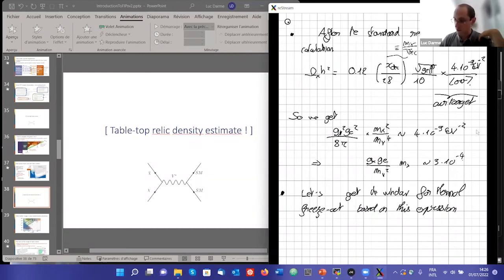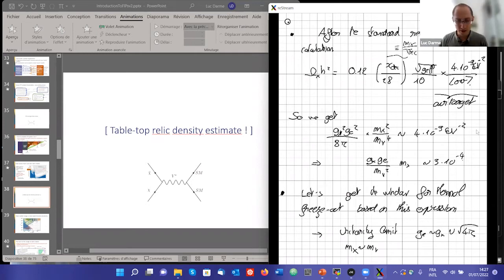So if you take, for instance, what is called the unitarity limit, we'll come back to that, for the couplings, meaning that each coupling, g_E, g_chi, is taken something like square root of 4 pi. What you get is that you can replace into this expression, you take m_chi of the order of m_V to make sure that you have no suppression from the propagator.